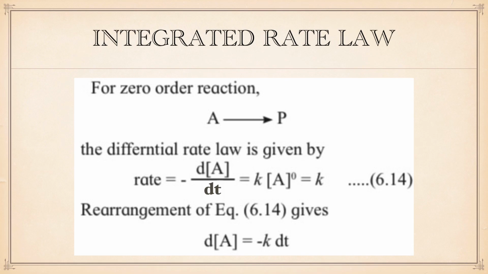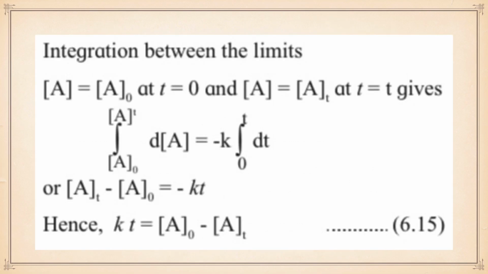On rearranging equation number 6.14, I will get d[A] is equal to minus k dt. Now we will integrate the equation within the limits. Integration between the limits, where [A] will be equal to [A] naught at t equal to 0, and [A] will be equal to [A]t at t equal to t.